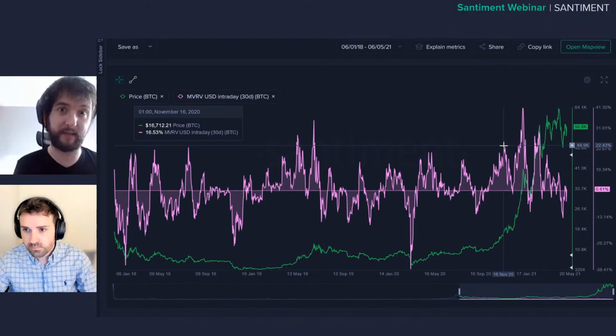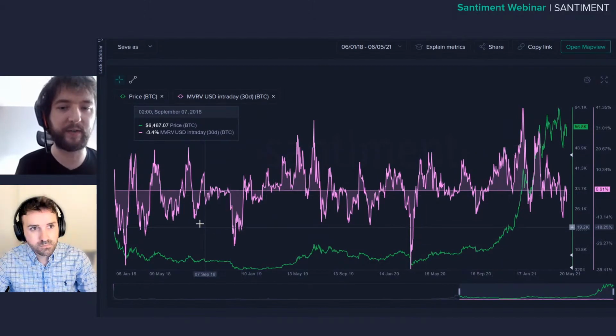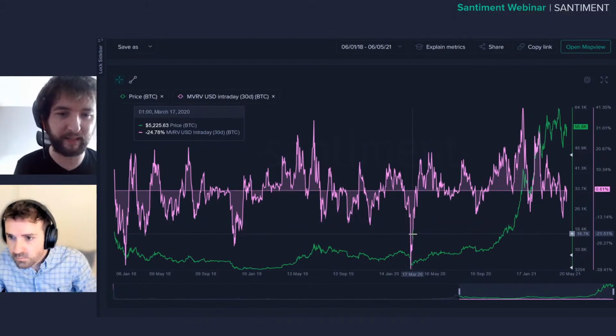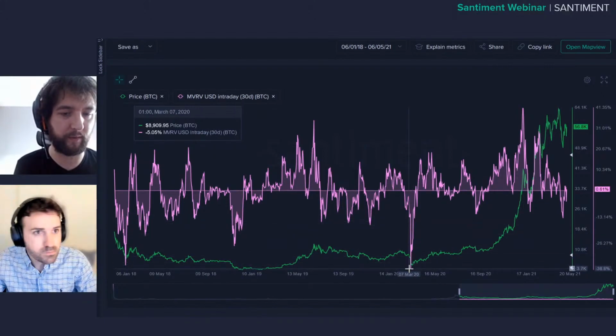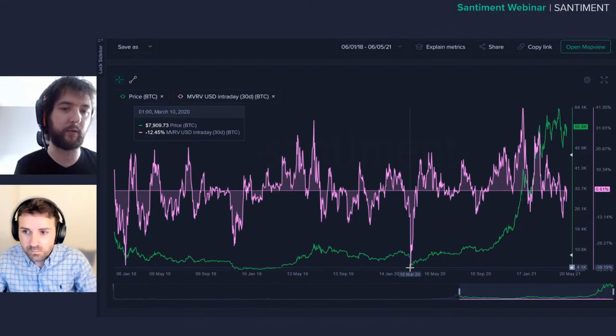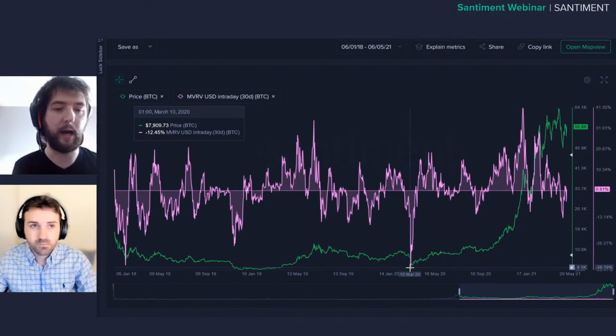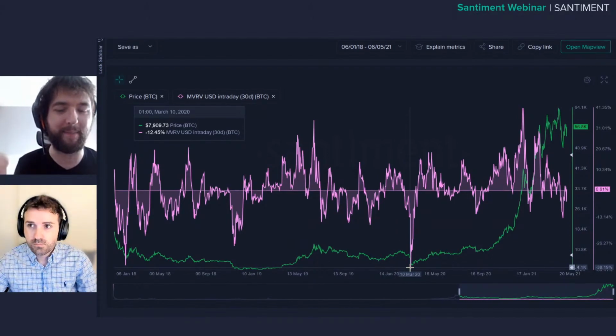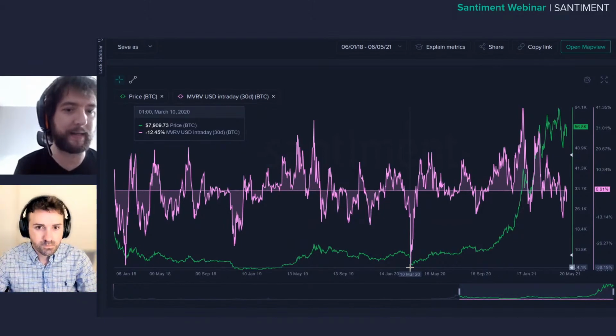And then vice versa, if you look at Bitcoin's 30-day MVRV ratio, some of these are obviously clear outliers, like for example the coronavirus dump. When you look at the coronavirus dump, you're going to see for most coins this massive drop in MVRV. So consider that a black swan event.